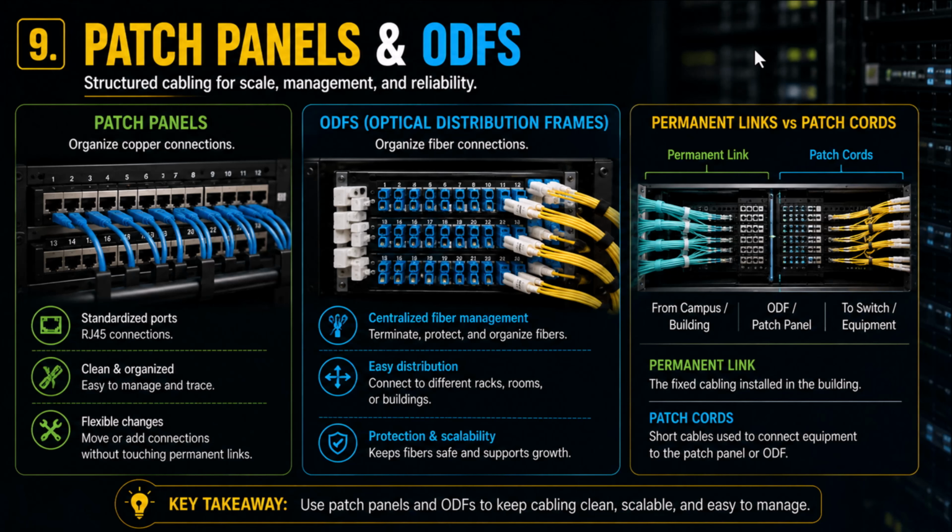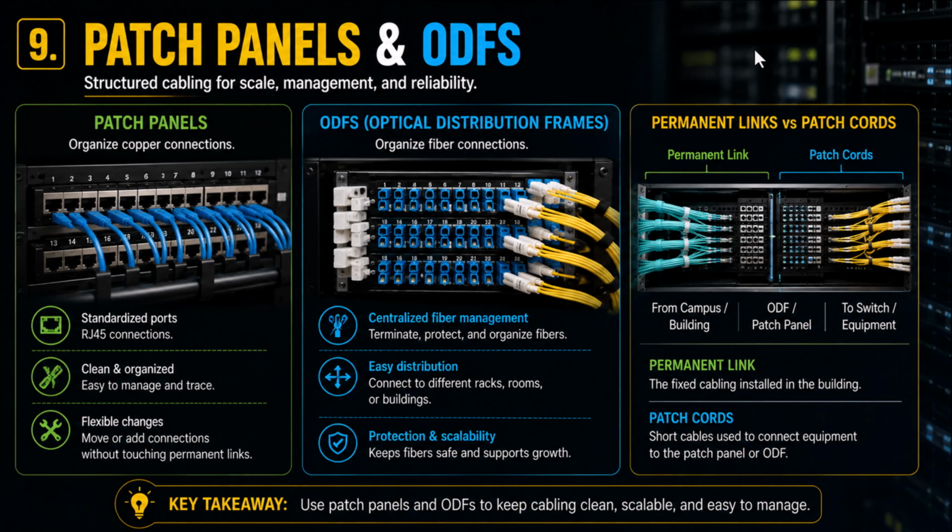In a real data center, we don't necessarily run every cable directly from device A all the way to device B. That would become very difficult to manage. Instead, structured cabling uses things like patch panels and optical distribution frames, or ODFs.